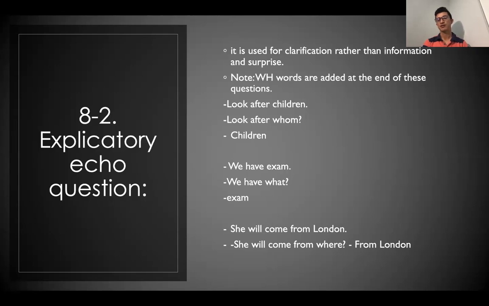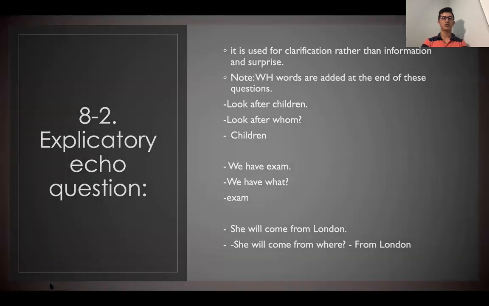You repeat the statement of someone, but it has two types. In recapitulatory question, you exactly repeat the first sentence, but in explanatory question, you use a WH word instead of the most important point, and the first person should confirm that important point.